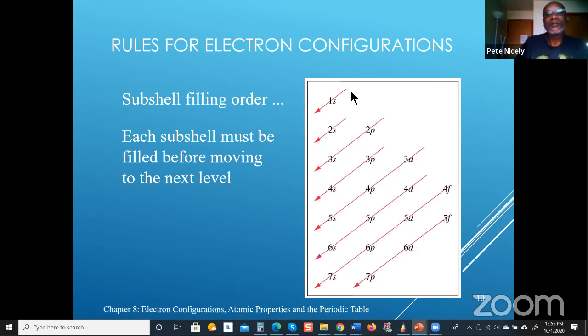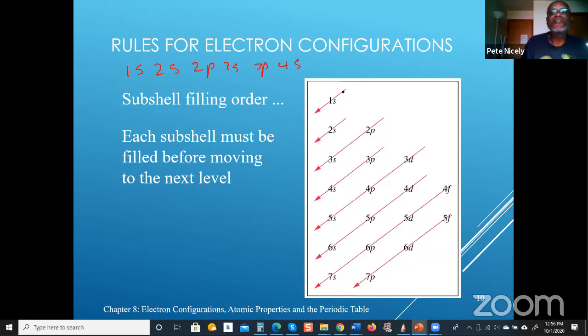To establish the order of the energies of the different subshells, I would follow each arrow from tail to head. Based on this, the first subshell would be 1s, then 2s, then 2p, then 3s, then 3p, then 4s, and so on and so forth.